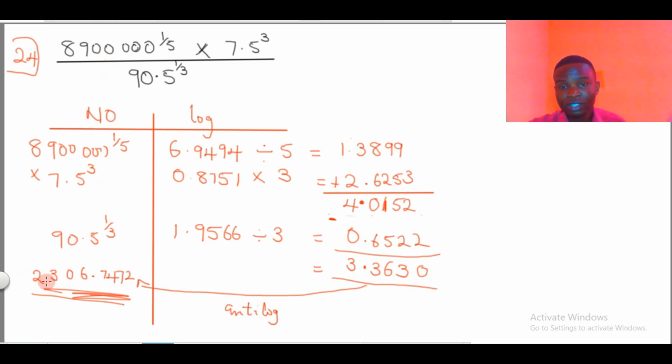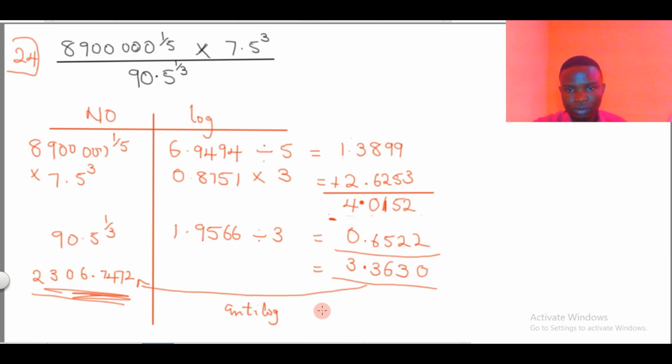So to leave our answer in 3 significant figures, what I'm going to do is to start counting from my left hand side. So this is 2, 3, 0. So 1, 2, 3. The next number I have is 6. So I will now round the 6 up to 1, and add it to this 0 to make it 1, and every other number will change to 0.